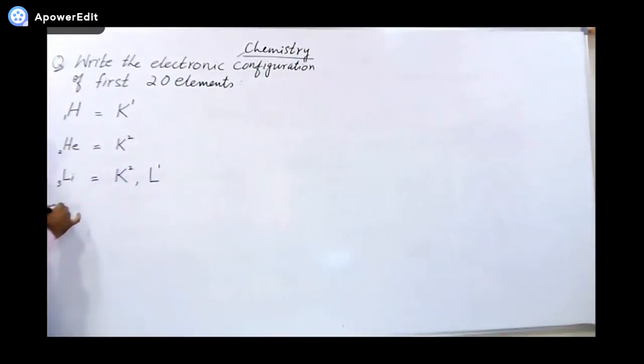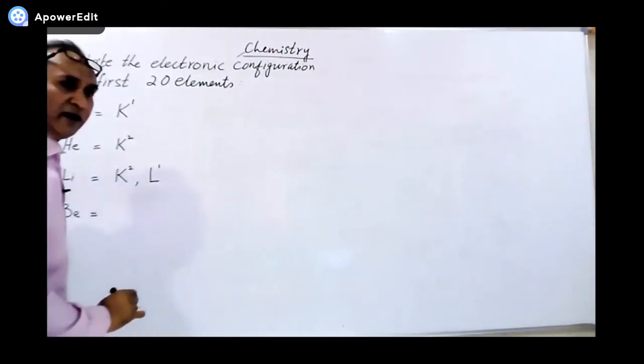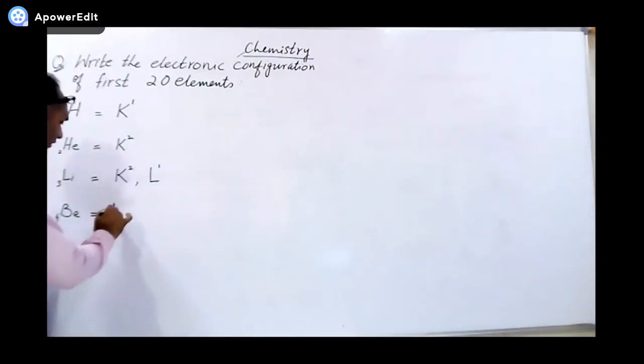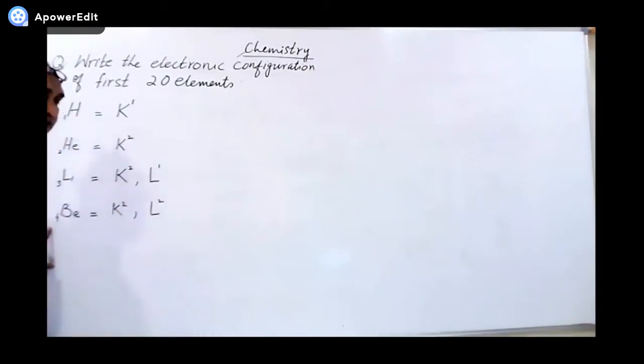So out of 3, K will hold 2 electrons, and the third one will go in L, the next one. Then next is beryllium. Beryllium has 4 electrons. So K will hold 2 electrons and L will hold 2 electrons. Next is boron.